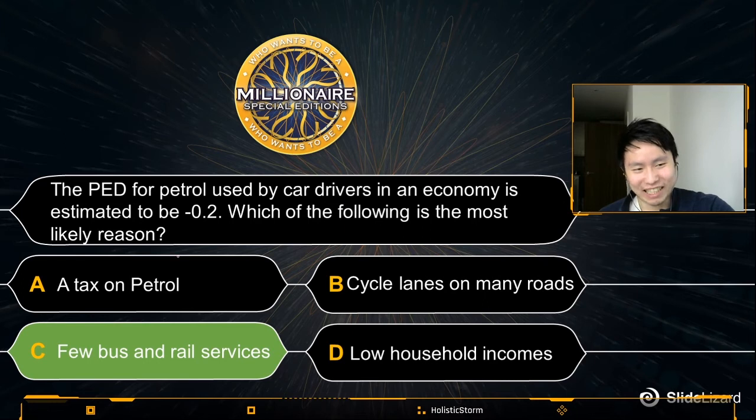Okay, let me explain. So the PED for petrol used by car drivers is estimated to be minus 0.2. What does this mean? So if the PED is smaller than 1, it means that it is inelastic.